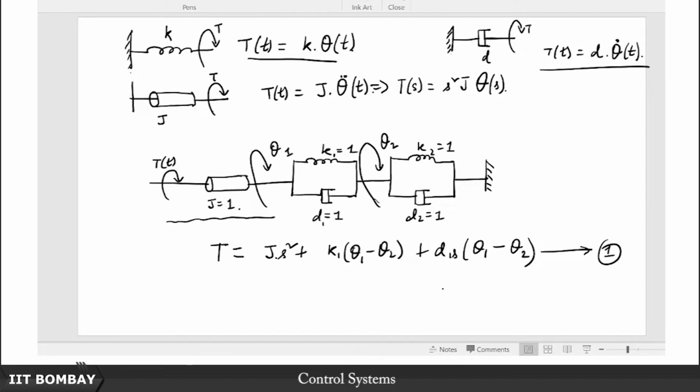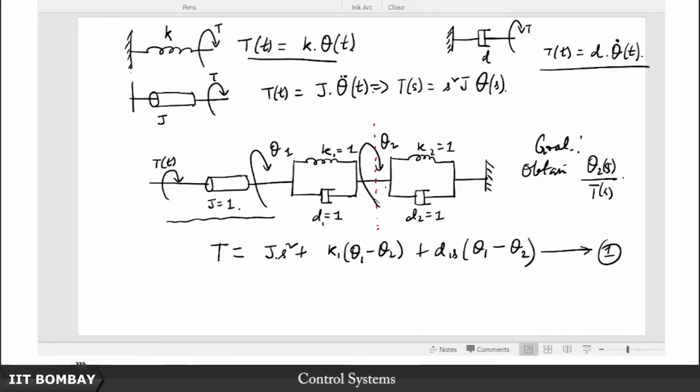I have to get more equations because there are more variables. You have theta 1 and theta 2, and my goal is to obtain the transfer function between theta 2 of s and the applied torque. So where can I write my second equation? Well, it turns out I can just split it up here.